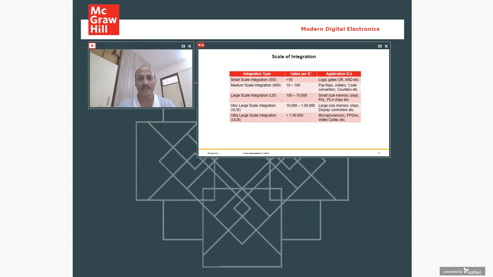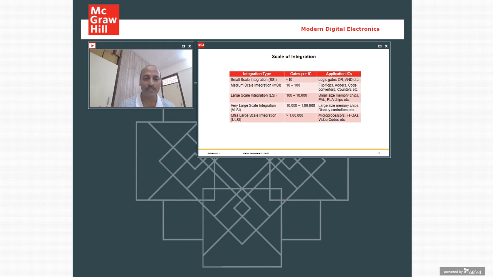Medium scale integration, if the logic gates in a particular IC are from 10 to 100, then we call it MSI integration. Okay, it's medium scale. Such ICs are flip-flops, adders, code converters, counters, etc. They fall under this medium scale integration.